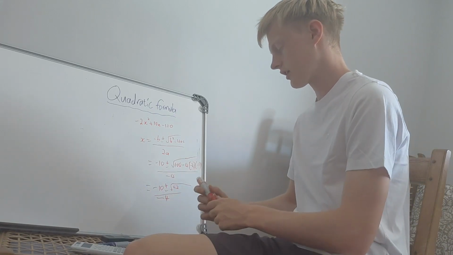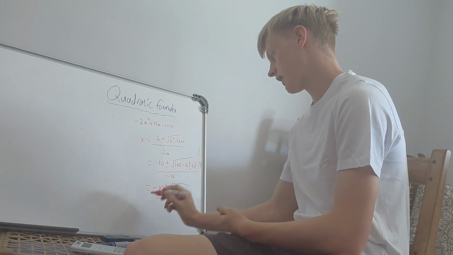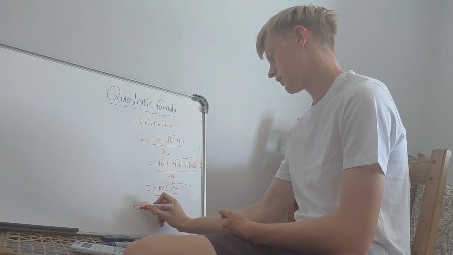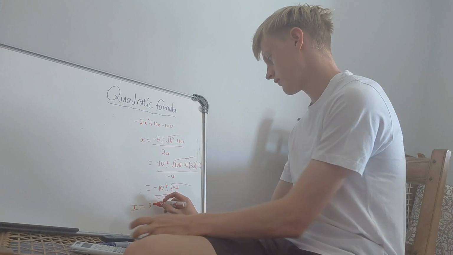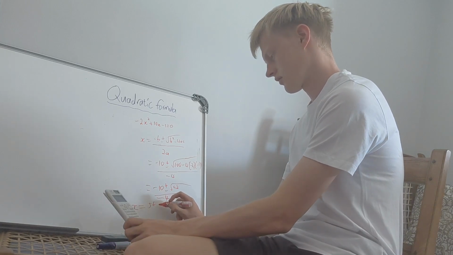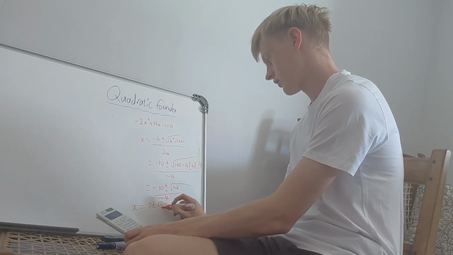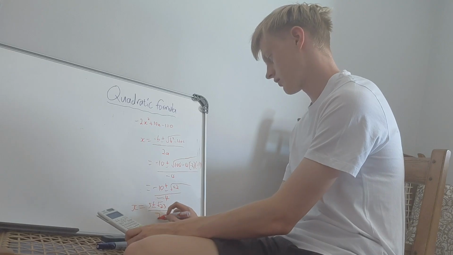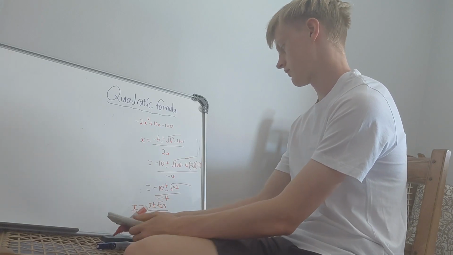When you plug this into your calculator, you're going to get x equals 5 plus or minus the root of 23, over 2.